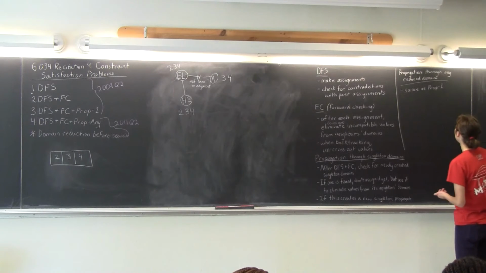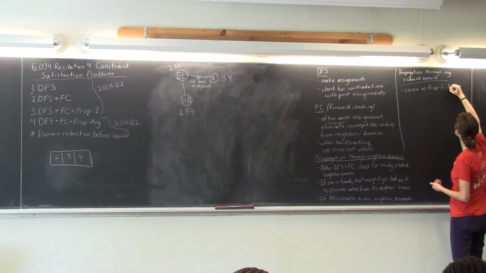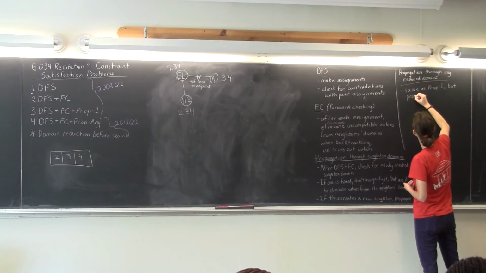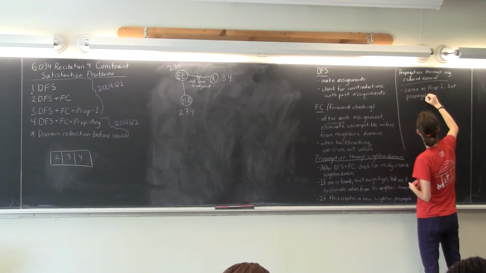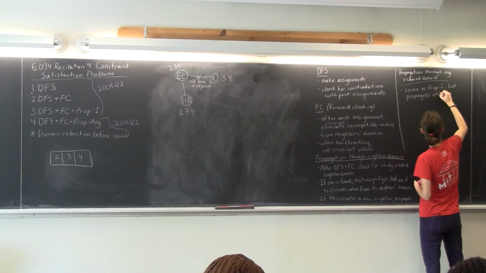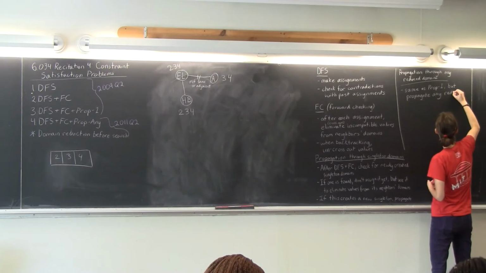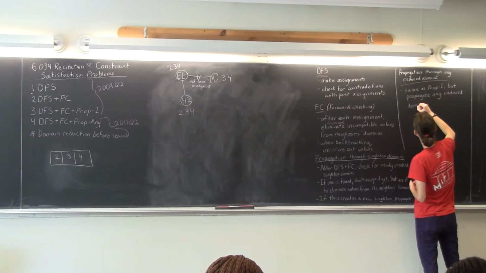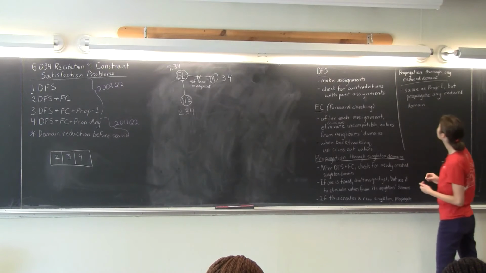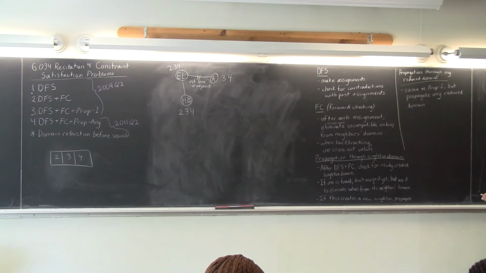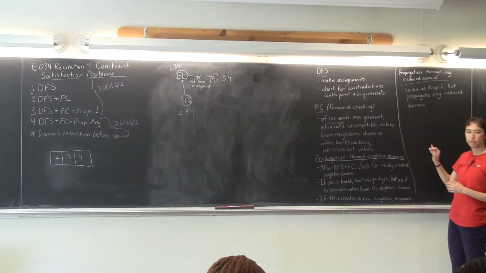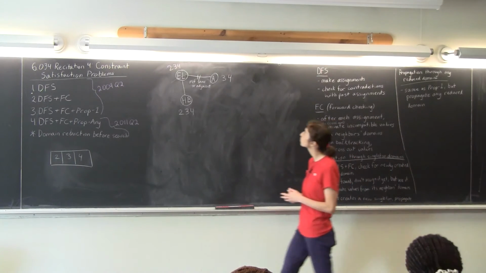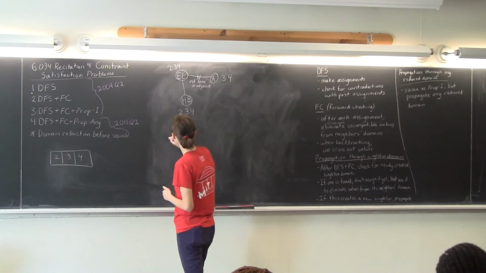And then we'll have to figure out how that actually works. So let's start doing this problem, and then we'll come back to the question of how to propagate a variable in general.